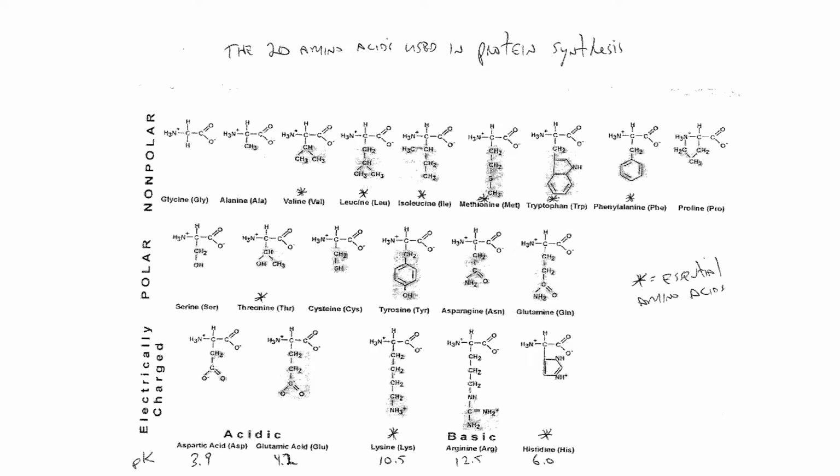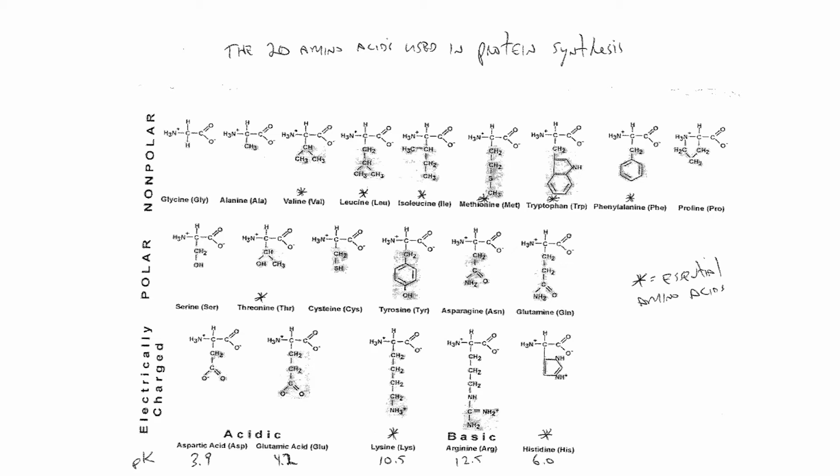Now, the thing about the acidic and the basic amino acids is that they can change their properties as a result of pH. And there's a value called pK, which is illustrated at the bottom, which gives an indication of the acidity or the basic properties of the R groups. So aspartic acid has a pK of 3.9.